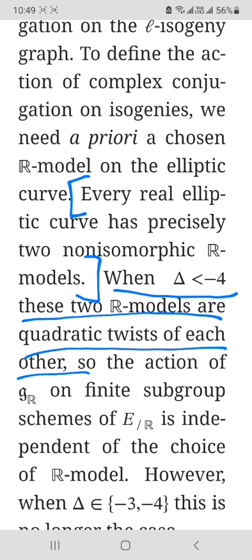So the action of GR on finite subgroup schemes of E over R is independent of the choice of the R model, because they are quadratic twists of each other. So the Galois group GR acting on the subgroup scheme of E over R is independent of the choice of the R model.